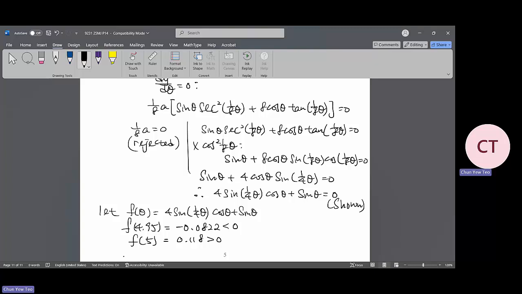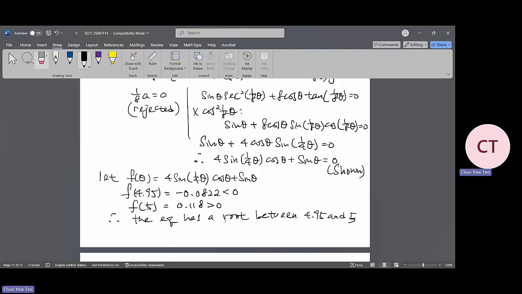So therefore, because there's a change of sign, the equation has a root between 4.95 and 5, shown.